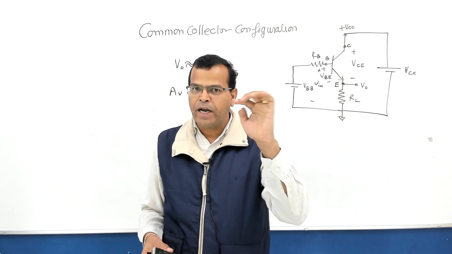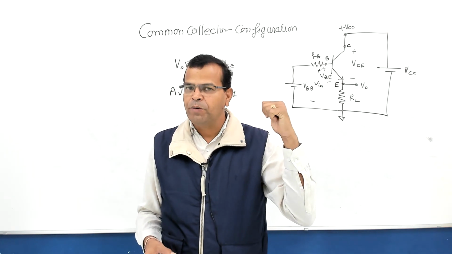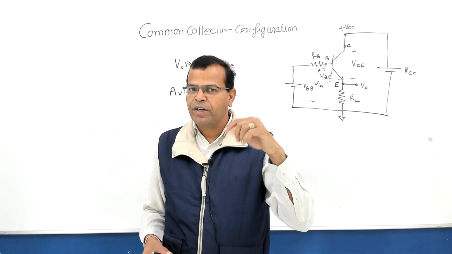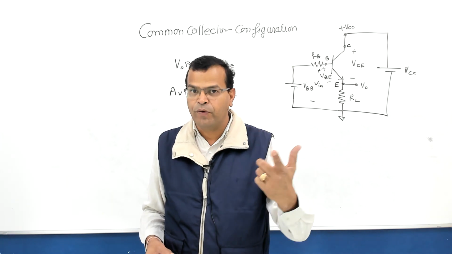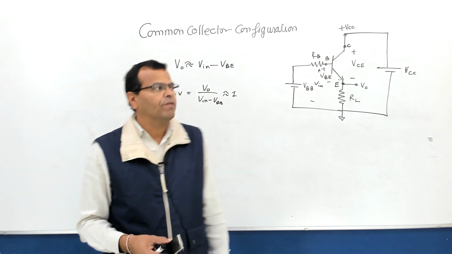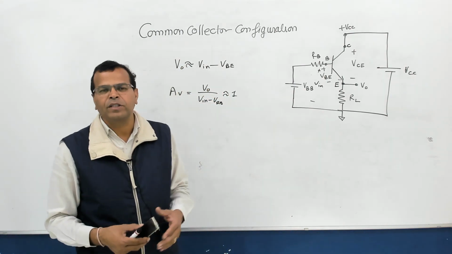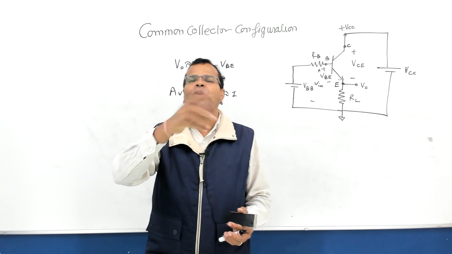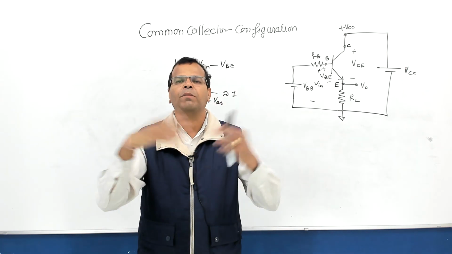Emitter follower means the emitter terminal is following the input voltage. So common collector configuration is also known as emitter follower. So this is the only application of this configuration. We won't be talking about input characteristics, output characteristics, and so on.